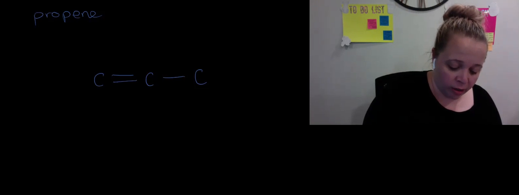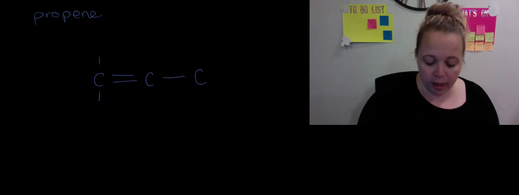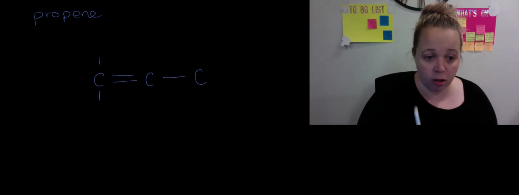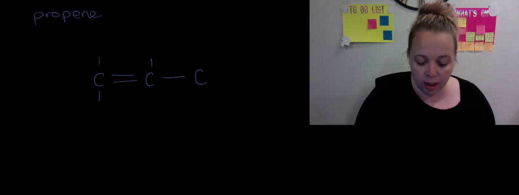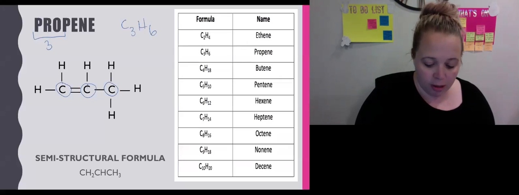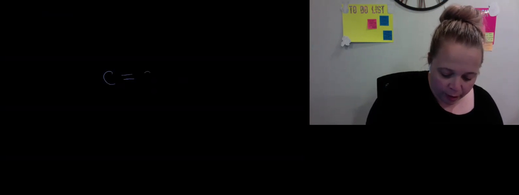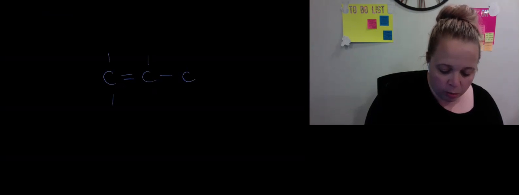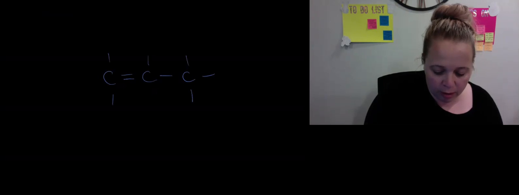So this one already has 2, so it's going to need 2 more lines here. This one in the middle has got 3 lines around it, so it's only going to need 1. And the last carbon has only got 1 line. Oh no, now I'm going to have to draw them all again. Okay, so this one had 2 lines left. This one has 1 line to make up 4, and this one has 3 lines.